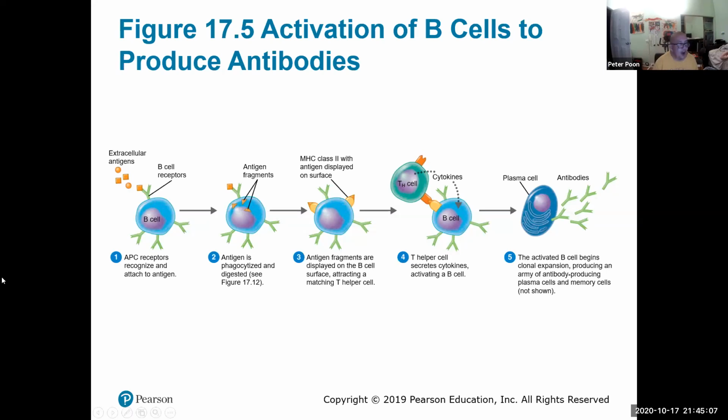And I will have another B cell down here that bound to the triangle, or the circle, and then I'll have the same response. So now I have plasma cells that attack the squares and plasma cells that attack the circles. That's how your immune response works. That's how your humoral immune response works.